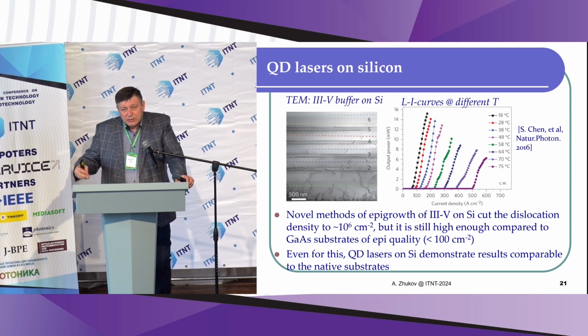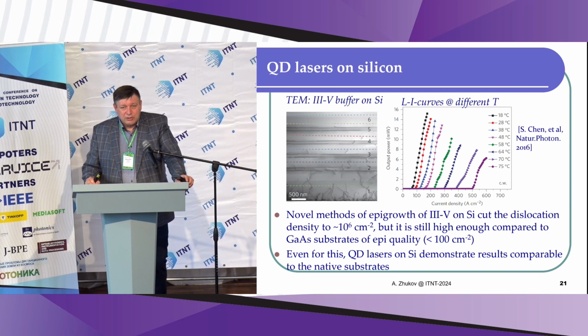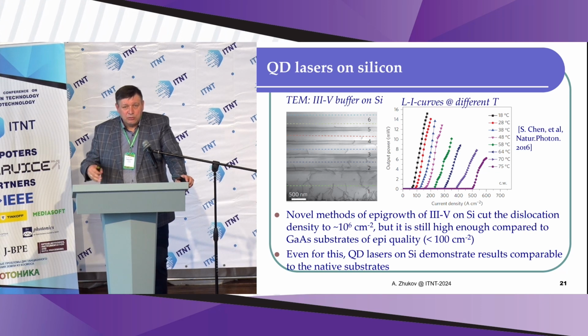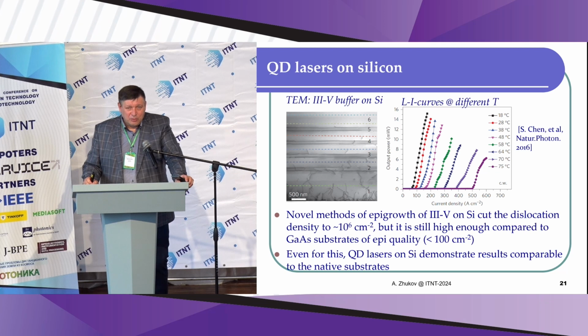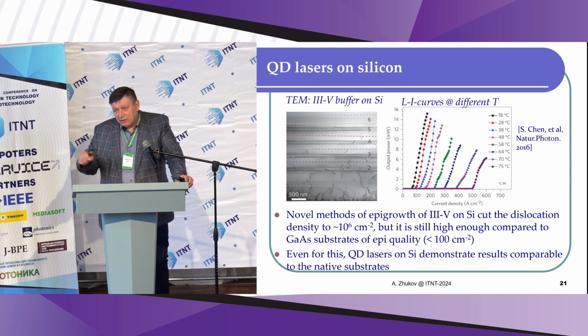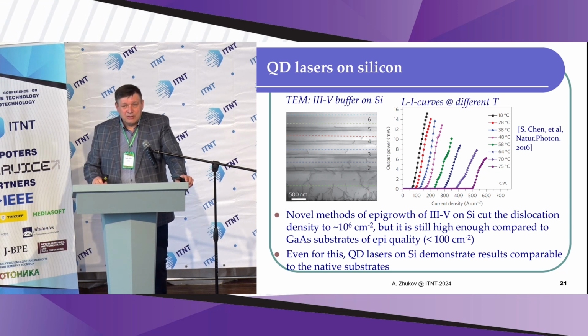Nevertheless, because of certain tricks in epitaxial growth, it is possible to reduce the density of defects in gallium arsenide grown on silicon to the level of maybe below 1 million dislocations per square centimeter.